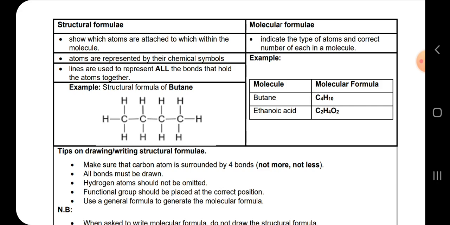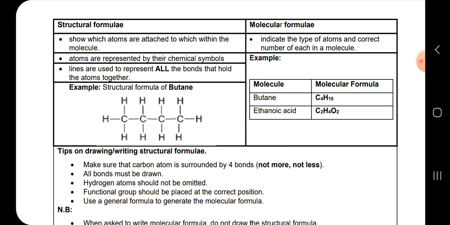On your right hand side, where they say molecular formula, can you see butane? They say butane has 4 carbons and 10 hydrogens. That is a molecular formula. That's how you write it. You just look at the number of carbons and the number of hydrogens.